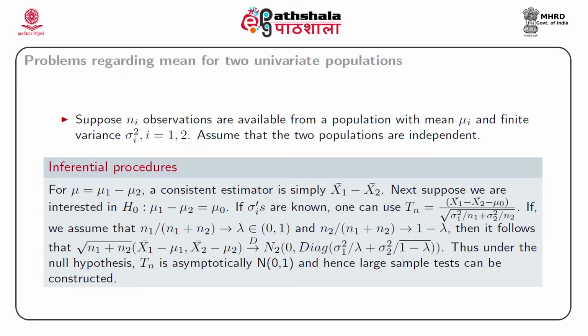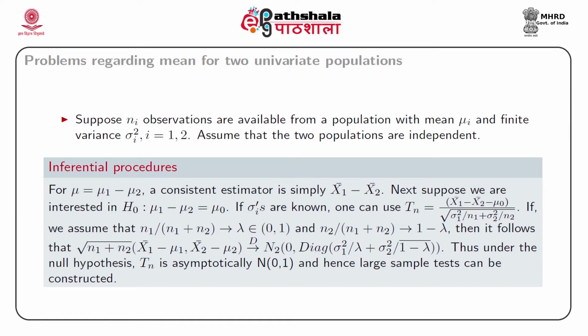If we assume that the ratio n1 divided by n1 plus n2 tends to lambda, which belongs to the open interval 0 1, and the ratio n2 divided by n1 plus n2 obviously approaches 1 minus lambda, then it follows that square root of n1 plus n2 multiplied by the vector with components x1 bar minus mu1 and x2 bar minus mu2 is bivariate normal with mean 0, and dispersion matrix a diagonal matrix with elements sigma 1 square divided by lambda and sigma 2 square divided by 1 minus lambda.